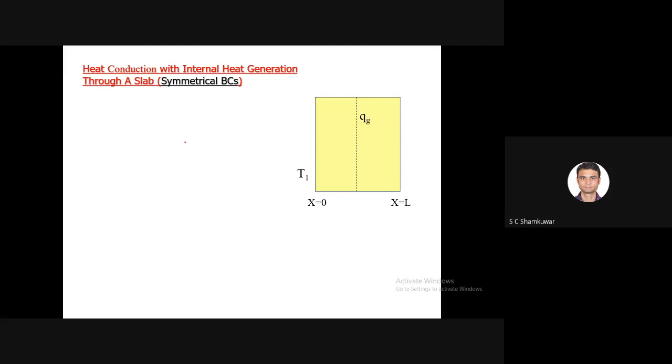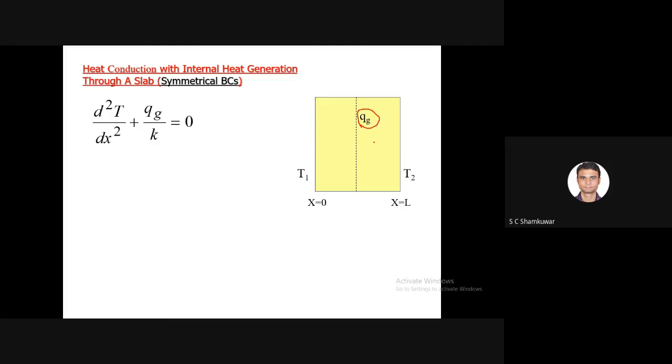See, suppose this is a slab, and this slab is generating heat internally. qg is what? This slab is generating heat internally. Earlier, whatever slabs and rectangular faces we have seen, there was no qg, no internal heat was generated.